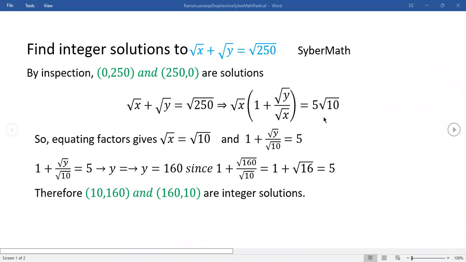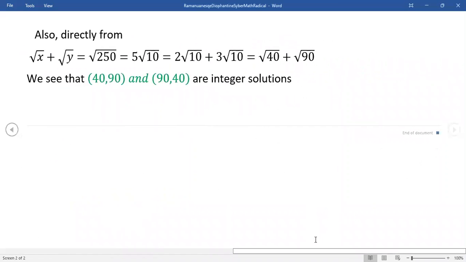But we can also separate this into 2 root 10 plus 3 root 10. That's the next screen here. And we could have done the whole problem this way, actually. But 5 obviously splits into 2 and 3, all right?